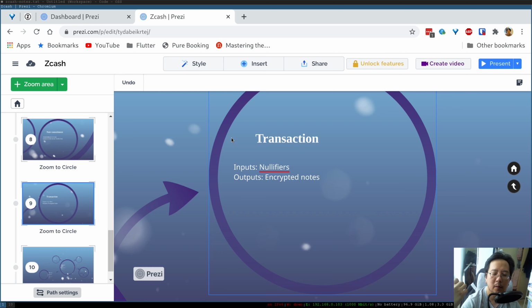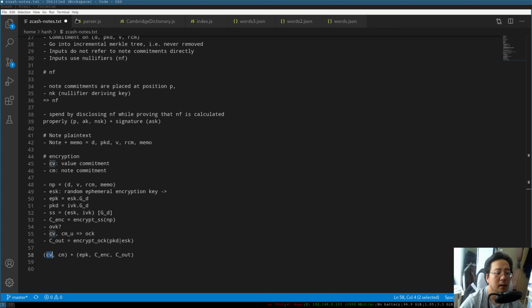So even though you do the summation on the commitments instead of on the original values, the equality remains. And finally, that allows you to check that the transaction does not create or destroy value without having knowledge of the actual values.